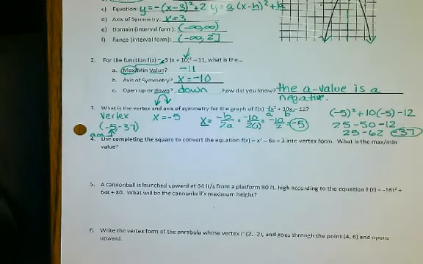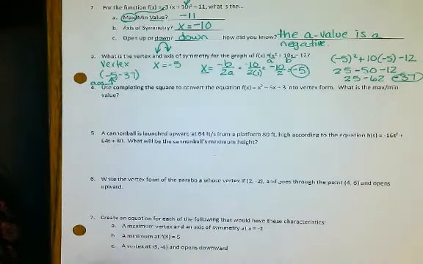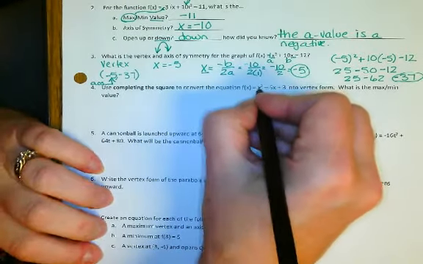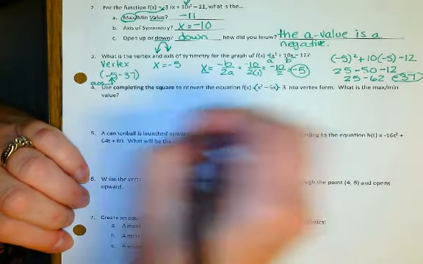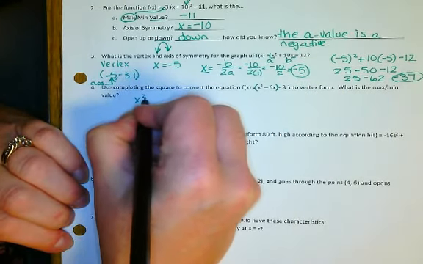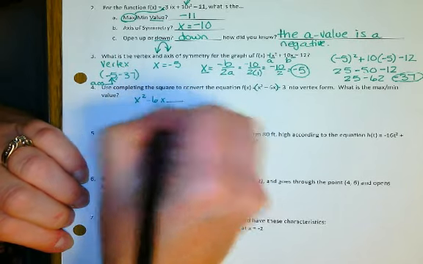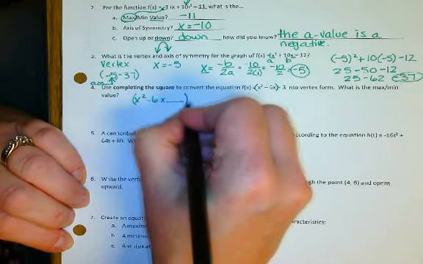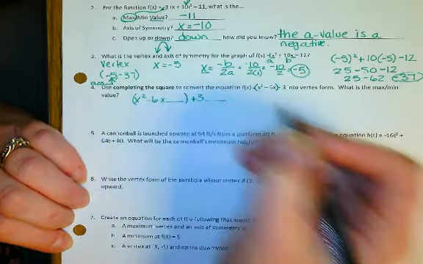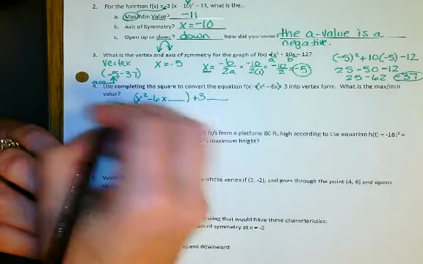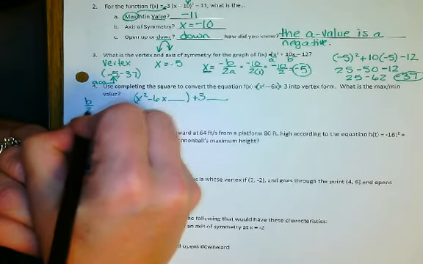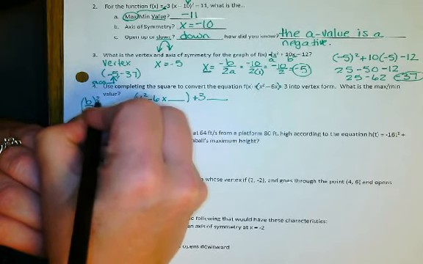Alright, on the next one, they want you to use completing the square to convert the equation into vertex form, and then what is the max or min value? Okay, so for completing the square, I want to put parentheses around these first two. So x squared minus 6x blank, because I'm going to create a number there, plus 3 blank. Now, to find that blank, I have to do b divided by 2 squared.